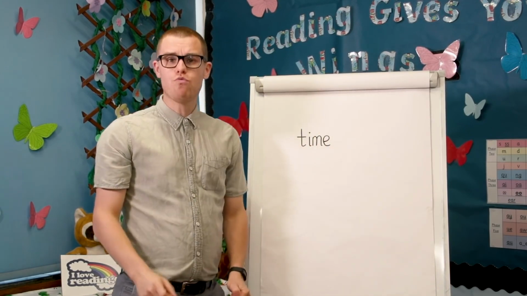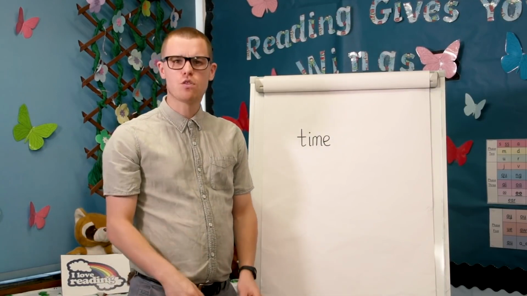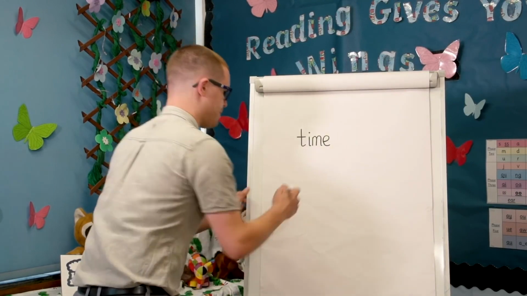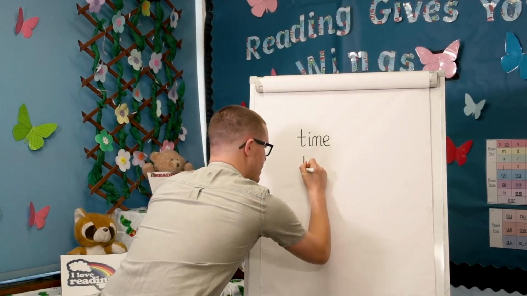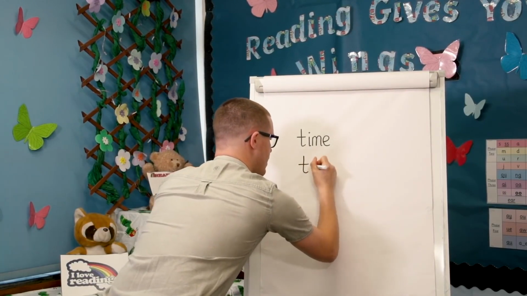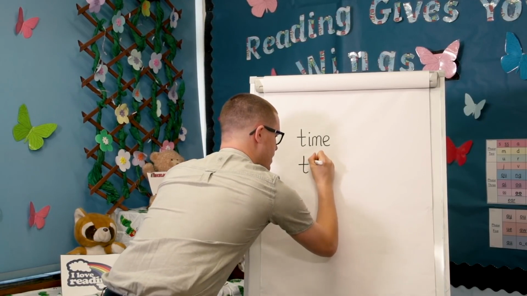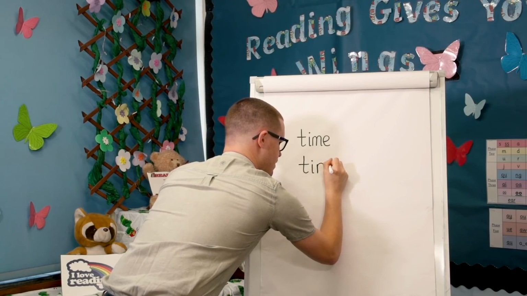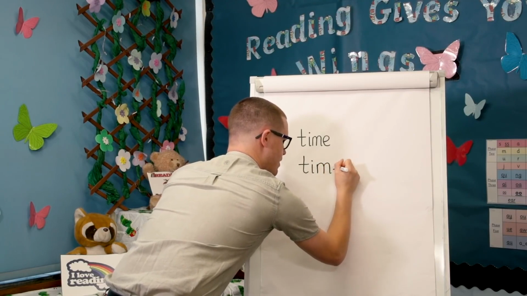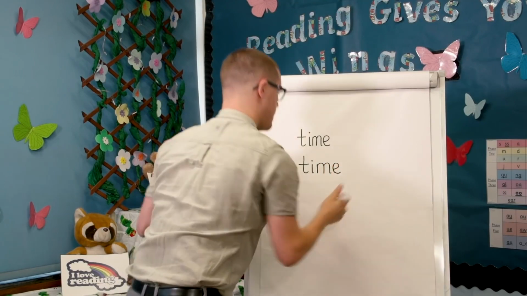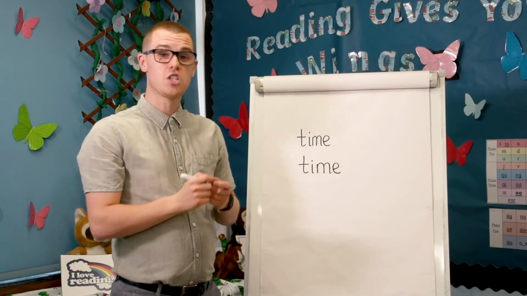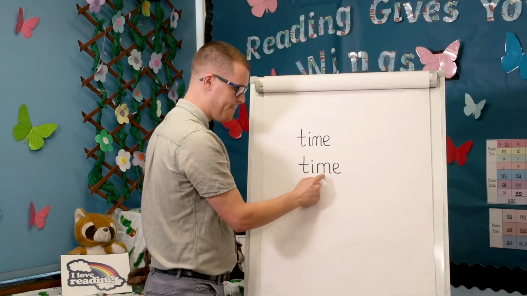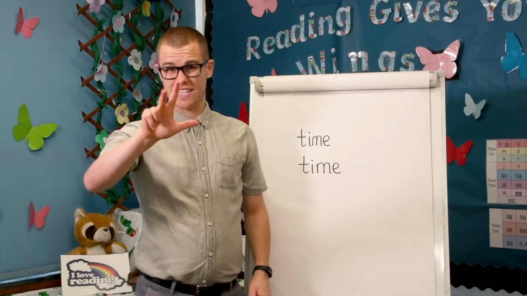But when we write it, we need to write the letters in the correct order, like this. Time. T-I-M. It has 3 sounds.